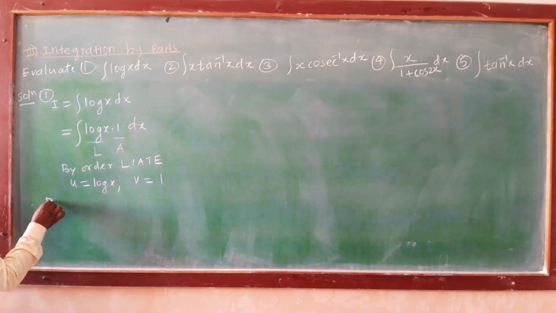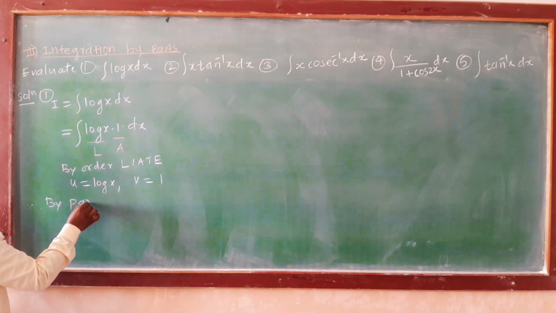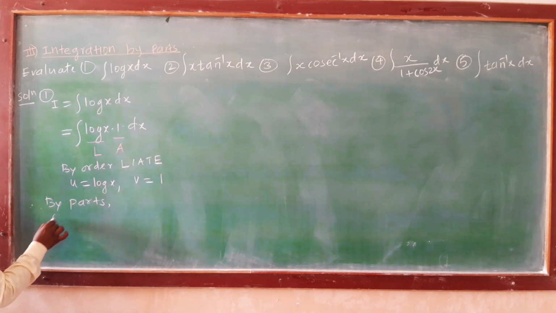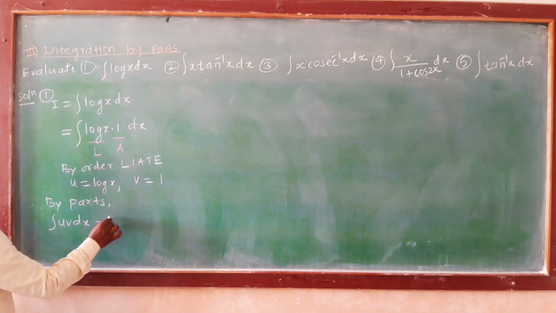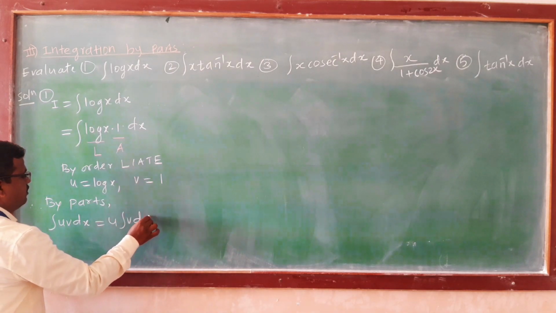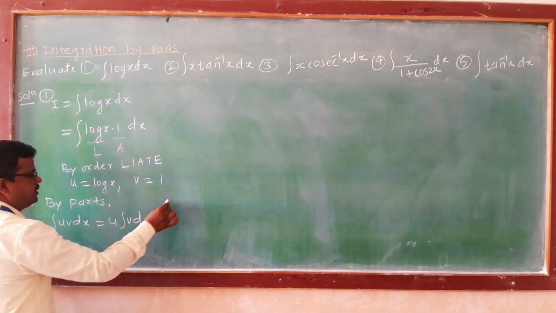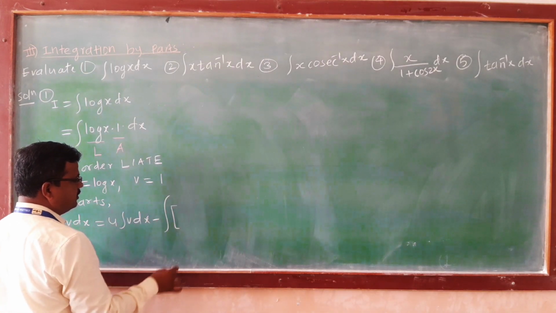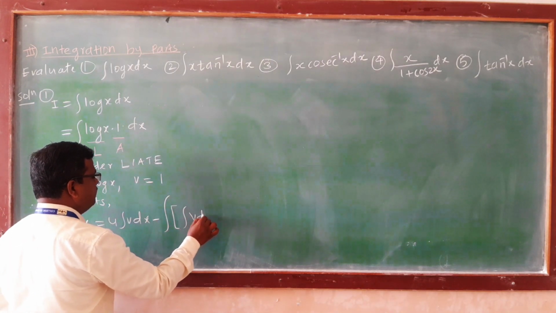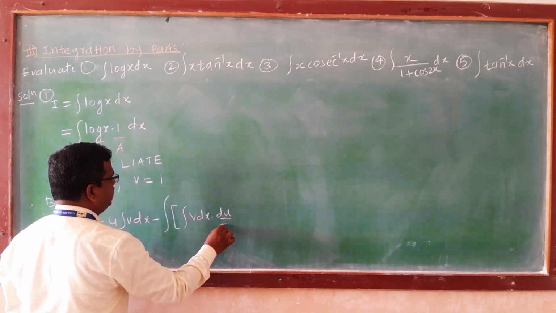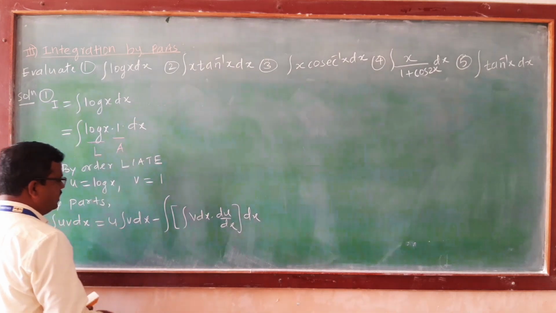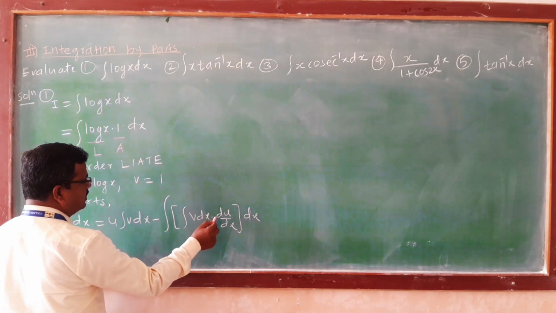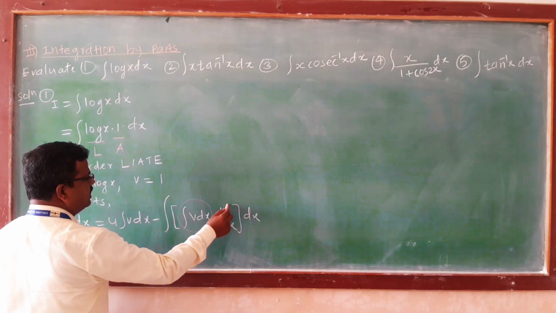Therefore by parts, that means by using this formula of product, integration of u v dx is equal to u integration of v dx minus integration of square bracket integration of v dx into du by dx with respect to x. This is the first term, u into integration of v dx.